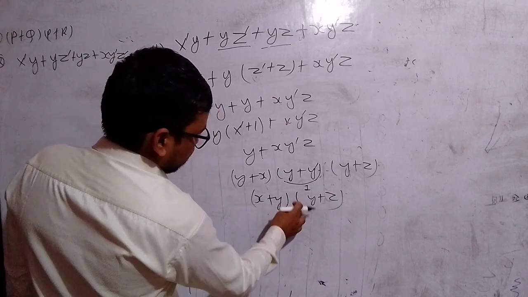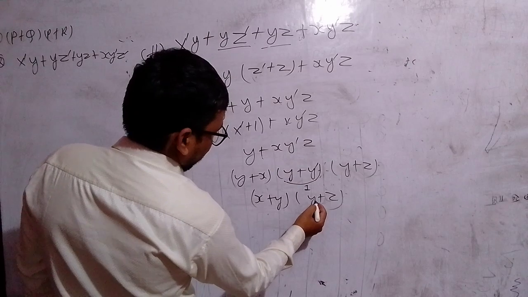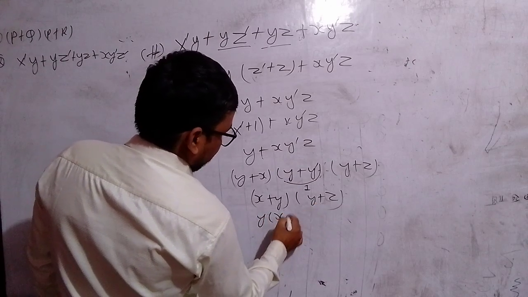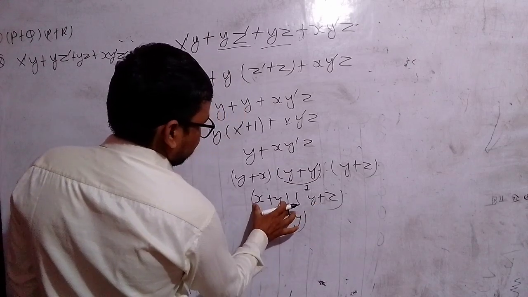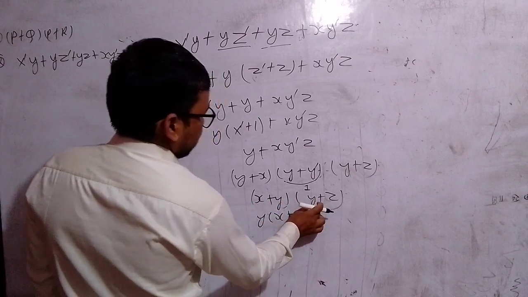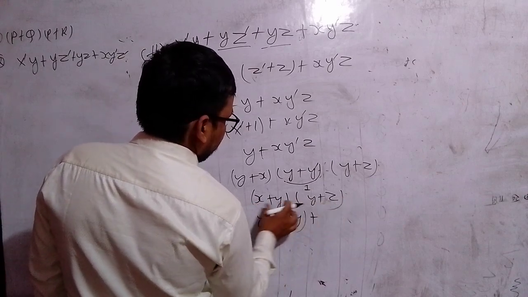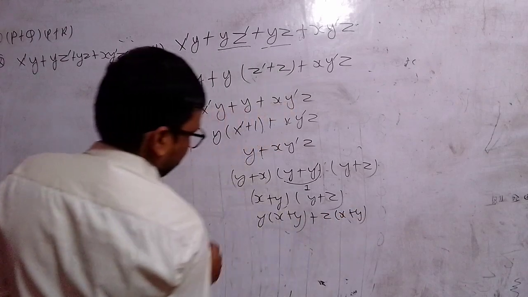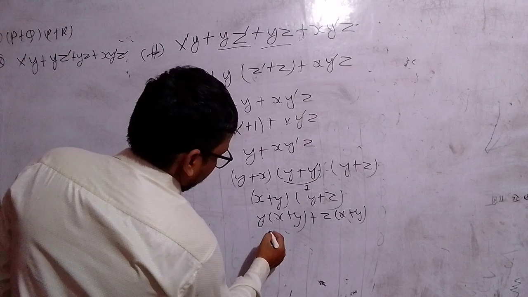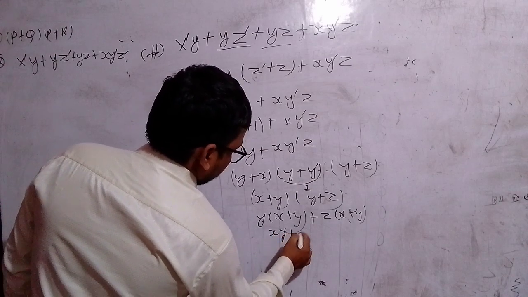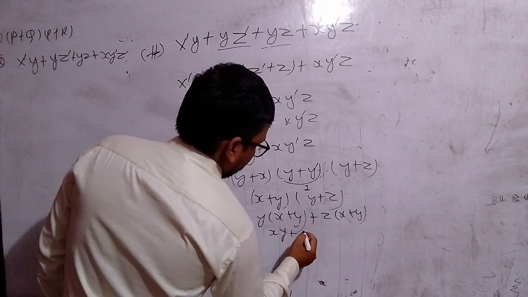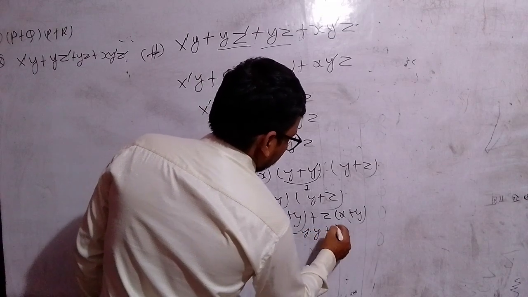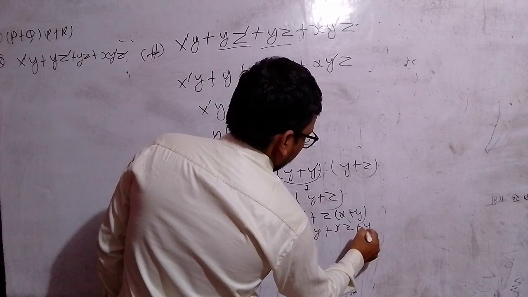Now if we apply the distributive law again, Y times X plus Y, we multiply these expressions, plus Z times X plus Y. Now what will be the output? XY plus Y into Y, Y dot Y, plus XZ plus YZ.